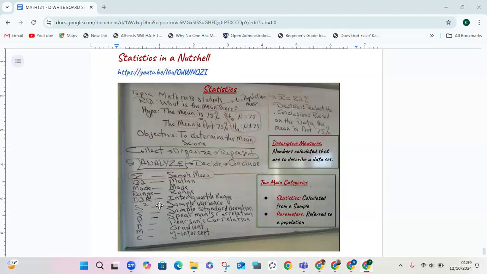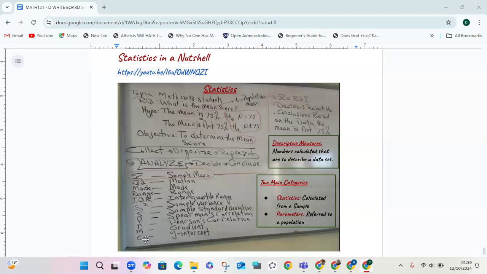You have the sample variance, very popular, so here's the symbol for it, S squared, the sample standard deviation, also very popular, S. Spearman's ranking correlation, here's a symbol for rho. Pearson's product moment correlation, here's a symbol for the English R. Gradient, the symbol is M, and y-intercept, the symbol is C.